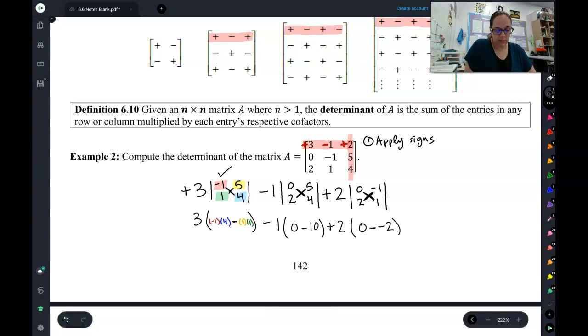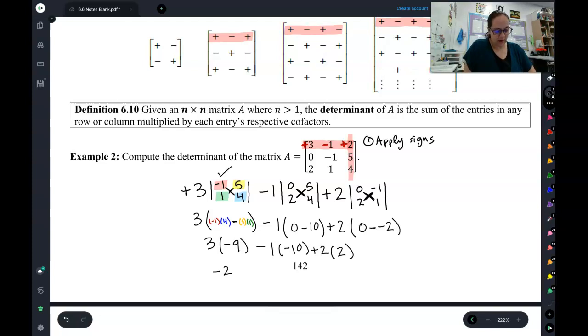And now I can start to simplify all this. So this is a negative 4 minus 5, which is a negative 9. This is a 0 minus 10, which is negative 10. And 0 minus a negative 2, which is a positive 2.